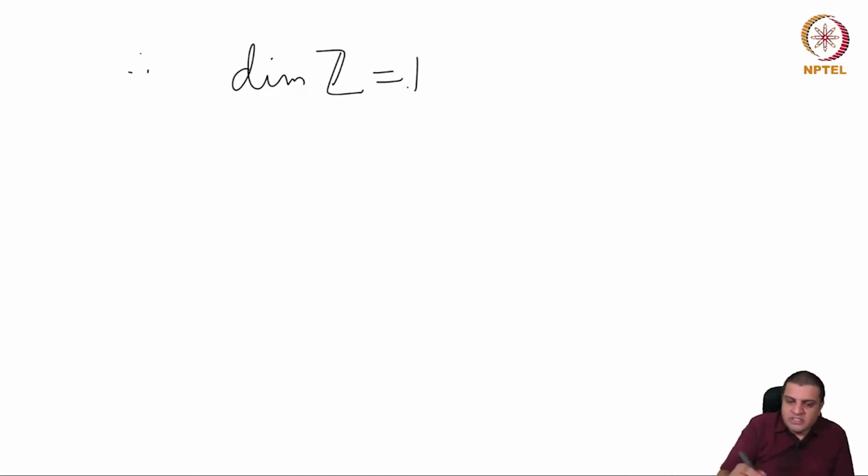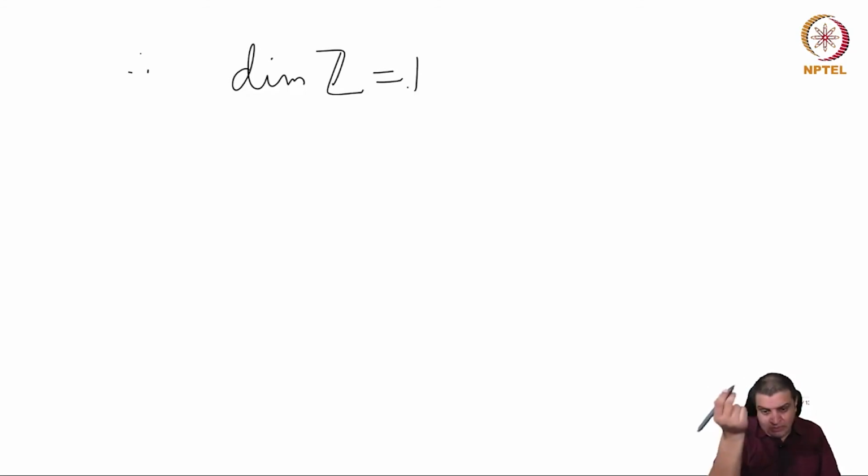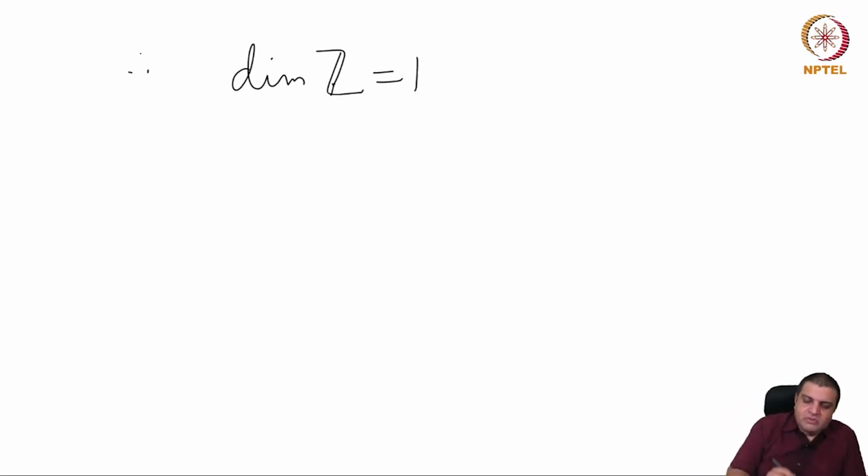A Krull dimension is just written dimension, and now there will be a little confusion. Often we will have to look at K-algebras, and we will have to use the word dimension to mean either vector space dimension or Krull dimension. So I will try to be consistent with the following usage: for vector space dimension I will say rank, and dimension will mean Krull dimension. If there is any confusion, I will clarify. So the dimension of Z is 1.